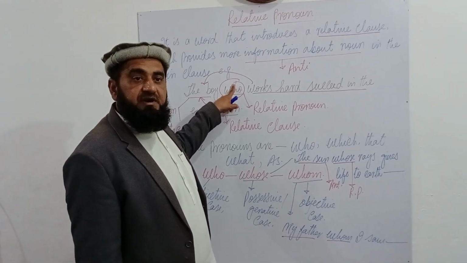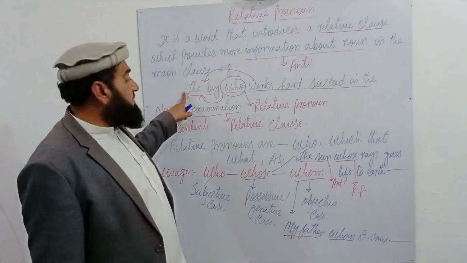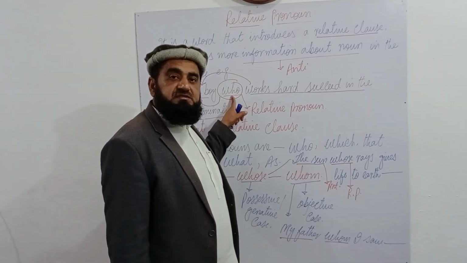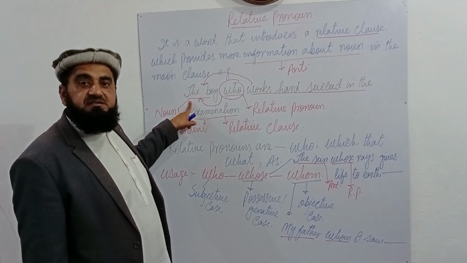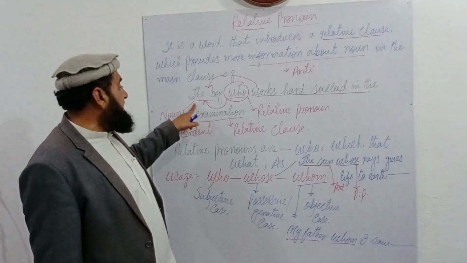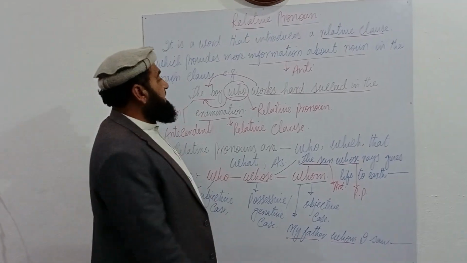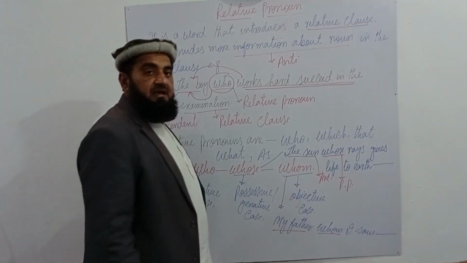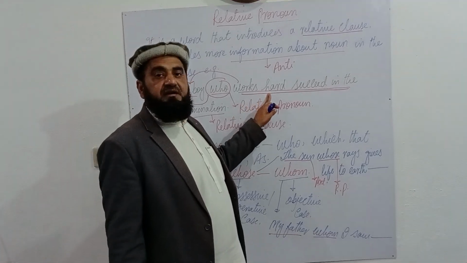It is very important that we can detect the antecedent as well. The noun to which the relative pronoun refers is called the antecedent. So the boy here is an antecedent, and this noun is explained by the relative clause.